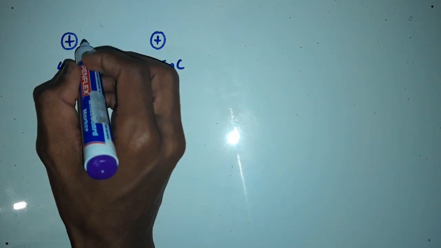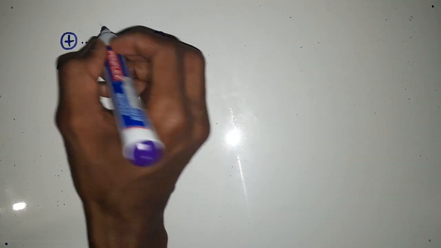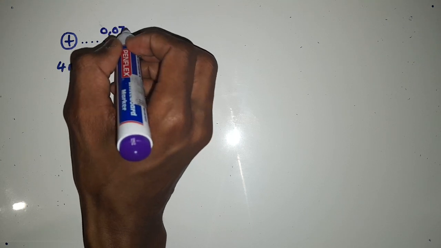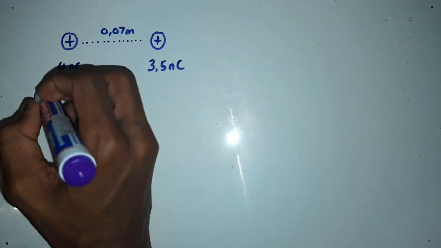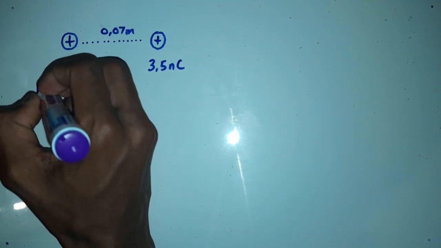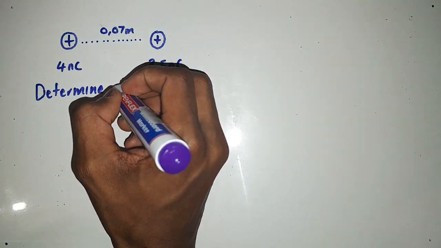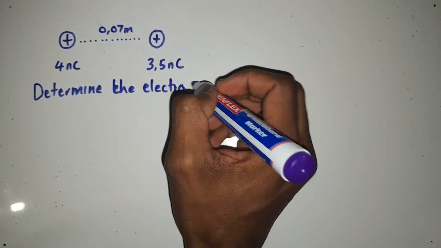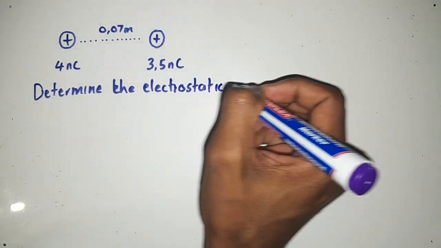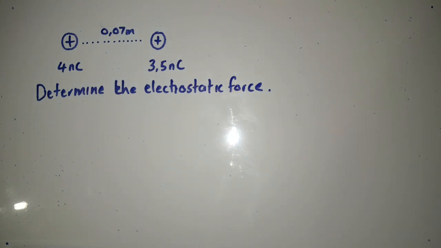Then let's say they give us the distance between these two charges to be, let me say, 0.07 meters. With this given information, I ask you now to determine the electrostatic force between the two charges.